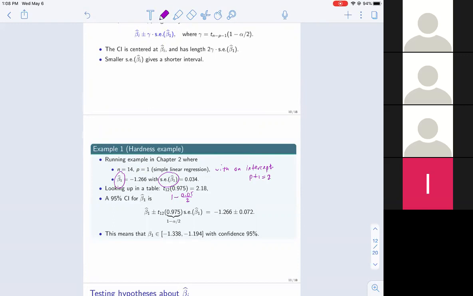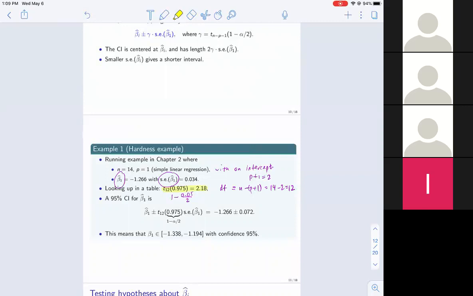Alpha is 0.05. And the degrees of freedom here is n minus p minus 1, which is 14 minus 2, which is 12. So I'm going to look up the t-table for this quantile, and it turns out to be 2.18.